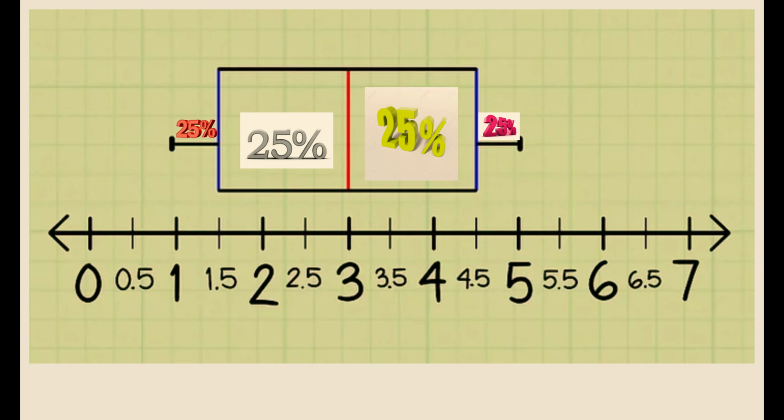So 25% of your data is found between 1 and 1.5. Another 25% is between 1.5 and 3. 25% of your values are between 3 and 4.5. And another 25% is between 4.5 and 5. So 100% of your data is between 1 and 5.